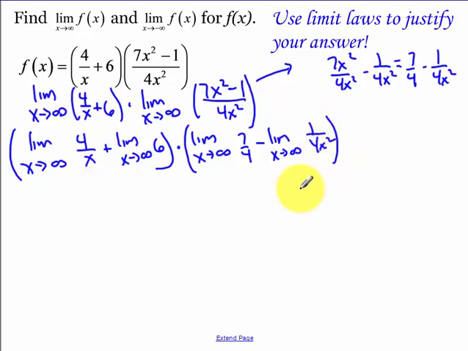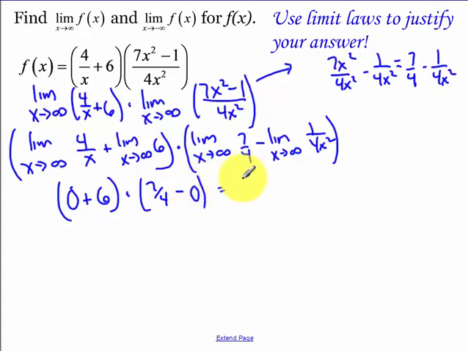Okay, so as x goes to infinity, the limit of this function is 0 plus 6 times 7/4 minus, now as x goes to infinity of 1 over 4x squared would also be 0.